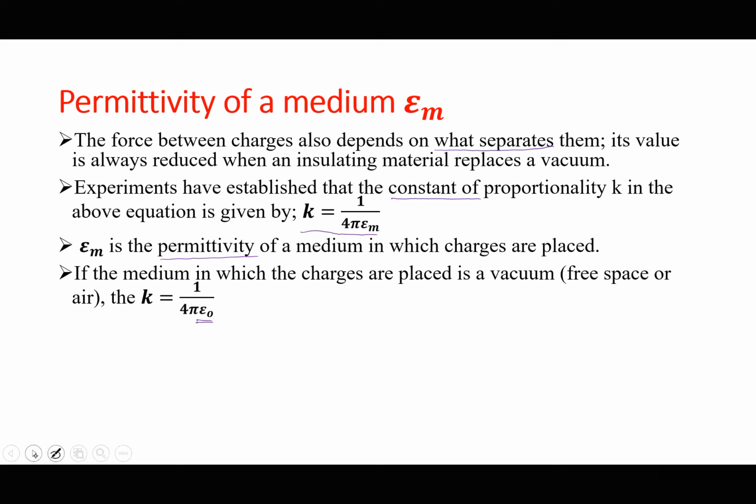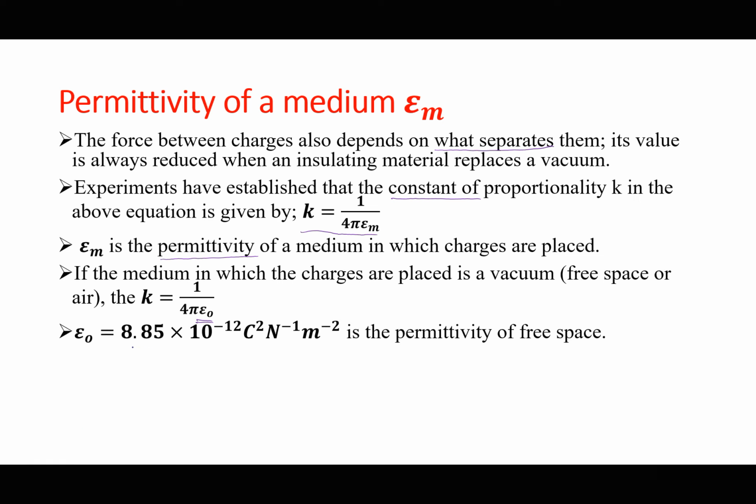It is given a value of 8.85 times 10 power negative 12 Coulomb squared per Newton per meter squared. This constant is normally given in the list of formulae in an exam.